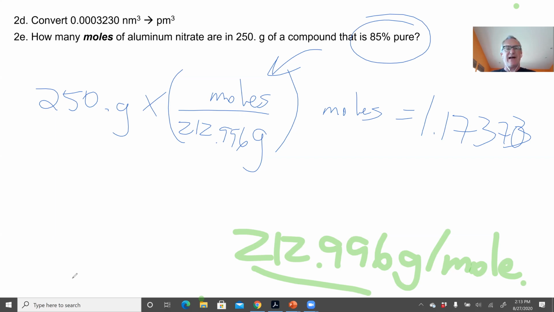Now we forgot about something. Where does my 85% pure enter into this? If I have a compound that's only 85% aluminum nitrate, what do I do with that information? Multiply that by 85%.